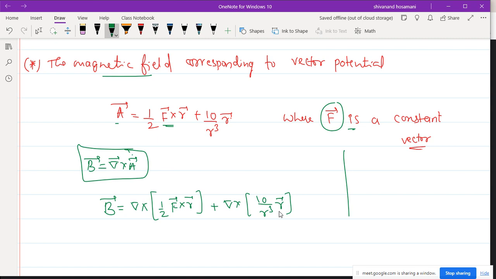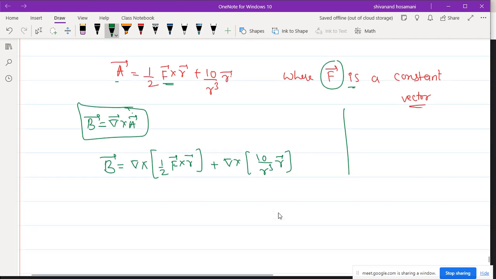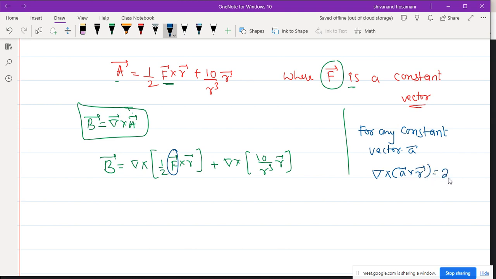Then what exactly is this? See, for any constant vector, F is a constant vector here. For any constant vector, for example if A is a constant vector, del cross A cross R is always equal to 2A.